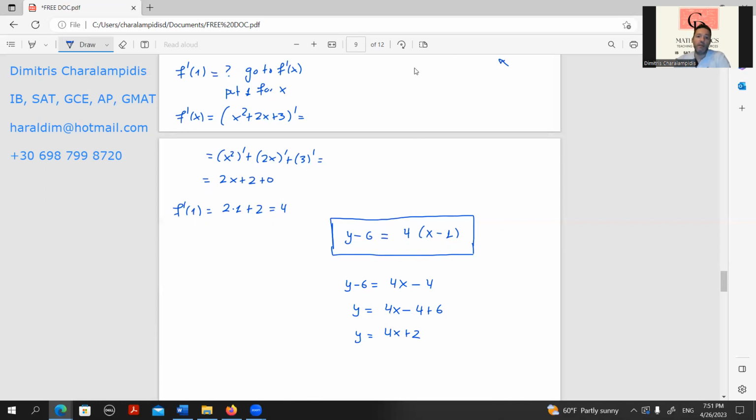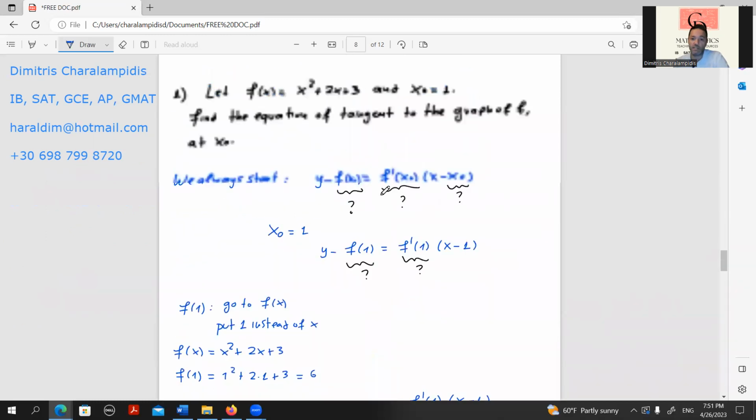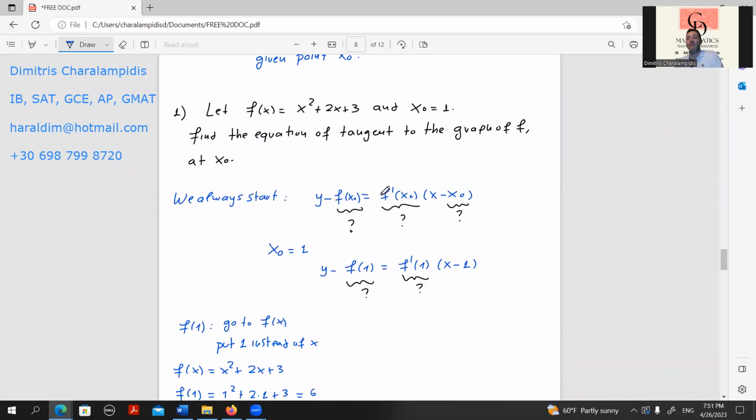So once again, to review what we just did, we will be given a function f of x, a point x0, and we will be asked to calculate the equation of tangent of f at that x value. We always begin by writing the general form.